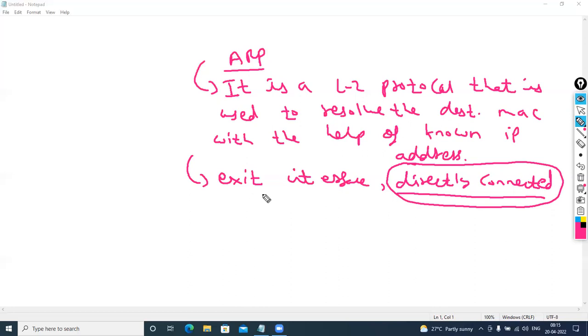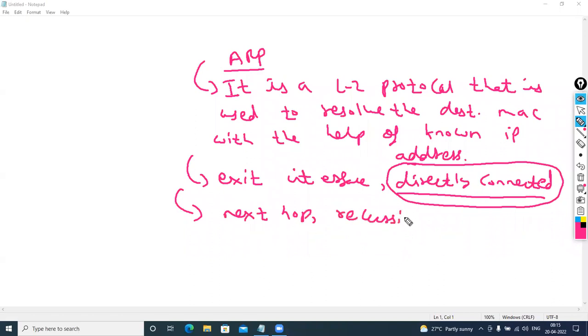So what about next hop? When we use next hop, what happens? In that case, a recursive lookup will happen.